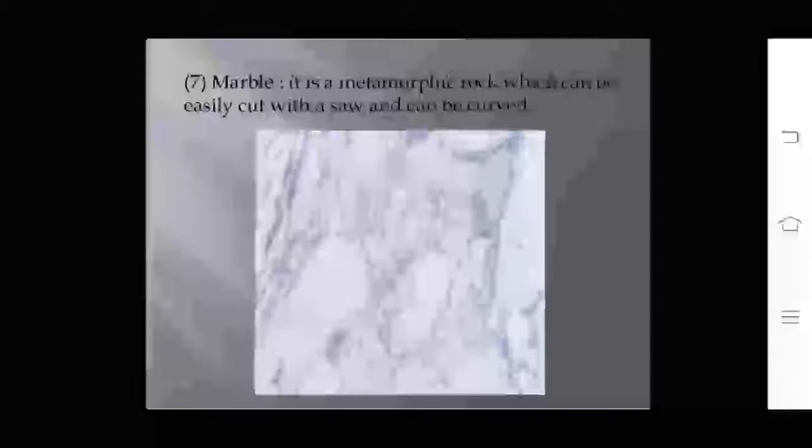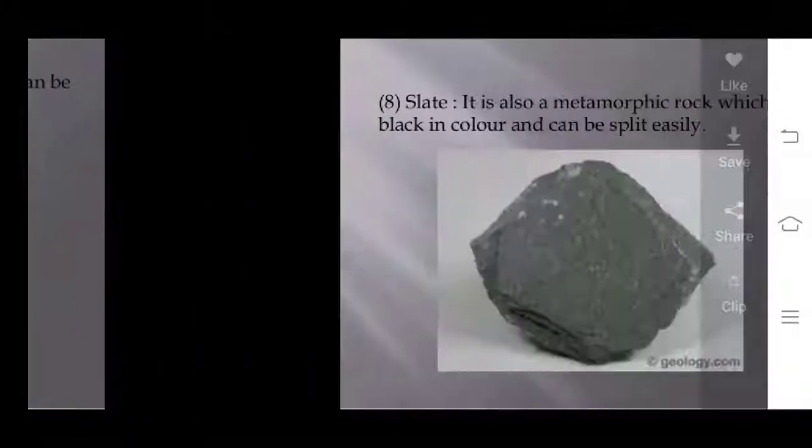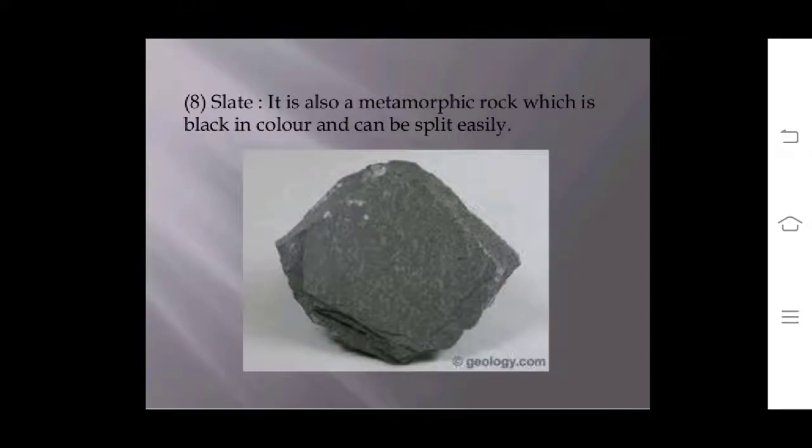Marble. It is a metamorphic rock which can be easily cut with a saw and can be carved. This marble rock is generally used for flooring purposes. Slate. It is also a kind of metamorphic rock which is black in color and can be split easily. This type of rock is generally used for flooring purposes.